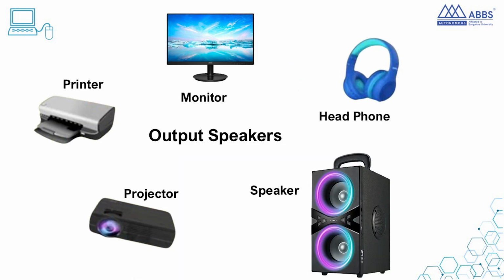What happens in the CPU is that whatever activities are given are processed by the respective section and given as an output through the output device. The output device could be a printer where we could print it as evidence, or maybe we will see the data first on a monitor, or it could be a speaker if it is an audio file, or we might also have other types of output devices.